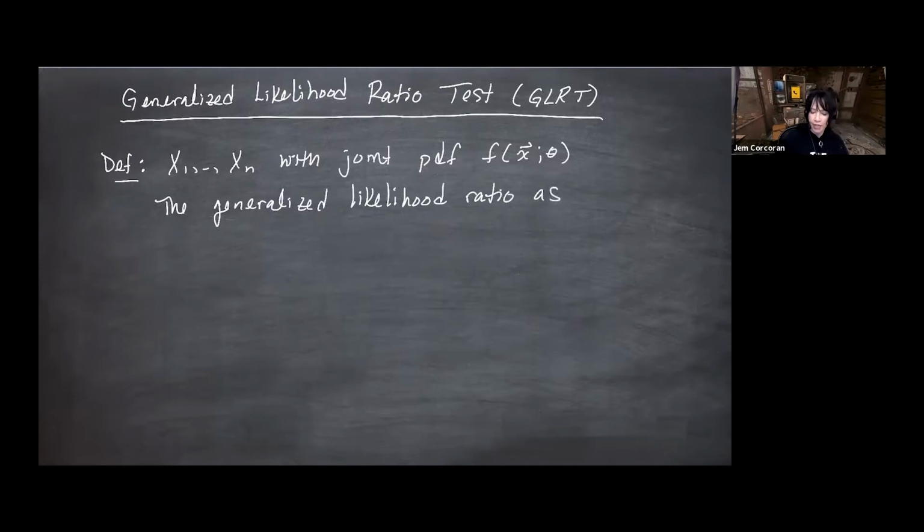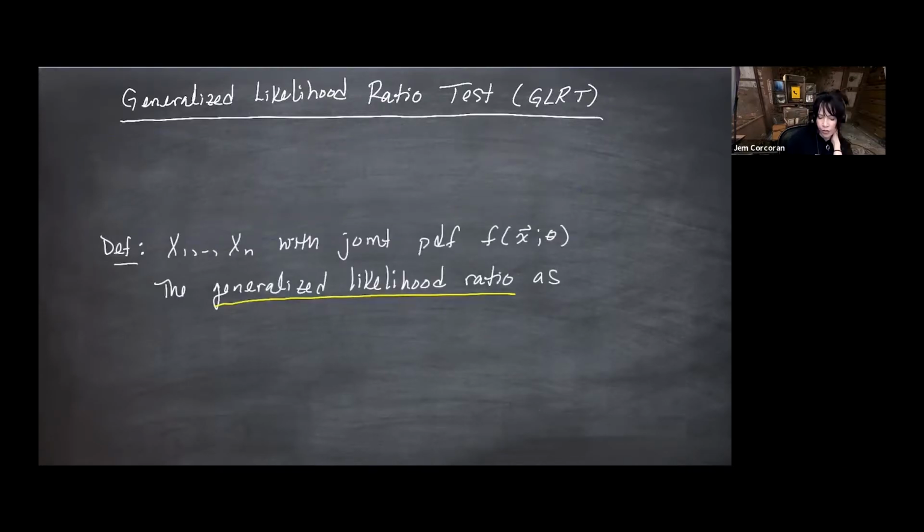I'm going to call it lambda, just like before, but it has to do with the hypothesis test. So I really should have started this by writing down, we're doing general hypothesis testing. So theta is in some subset of the parameter space, this capital Theta naught, versus the alternative that theta is in the rest of the parameter space, taking away Theta naught. So that's just the complement of Theta naught in Theta.